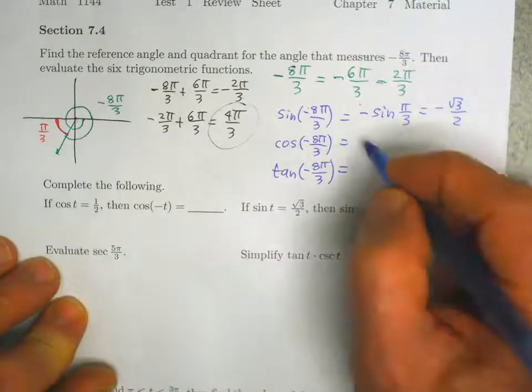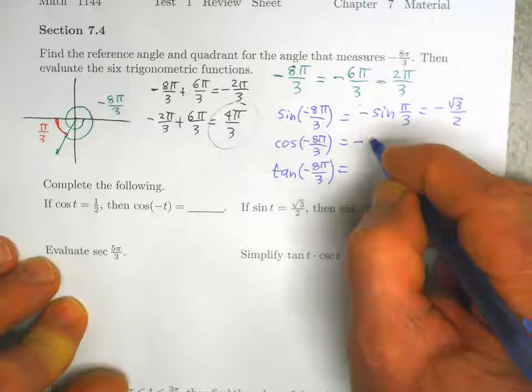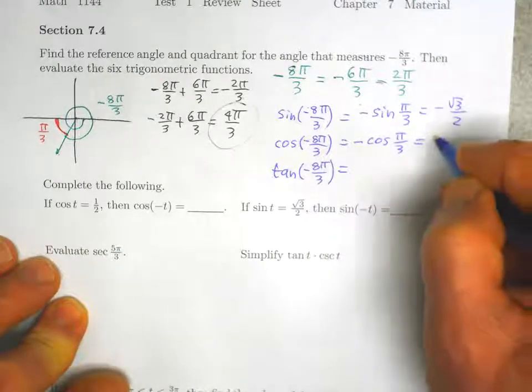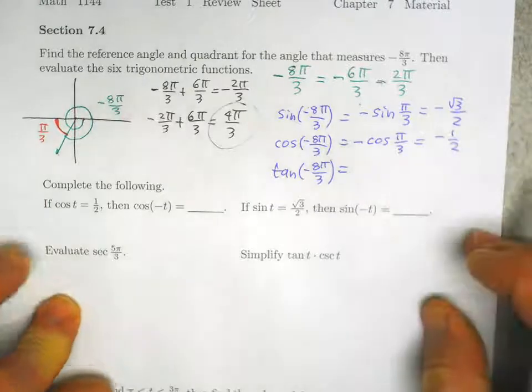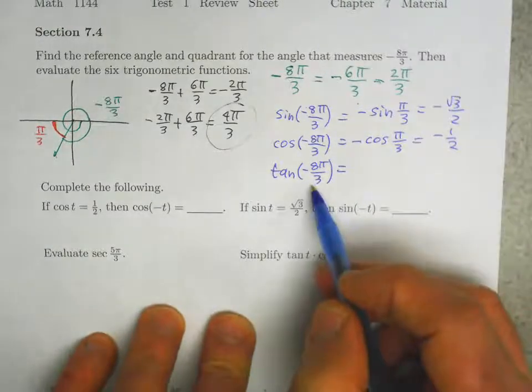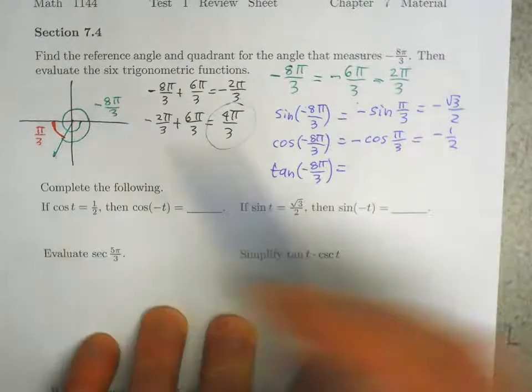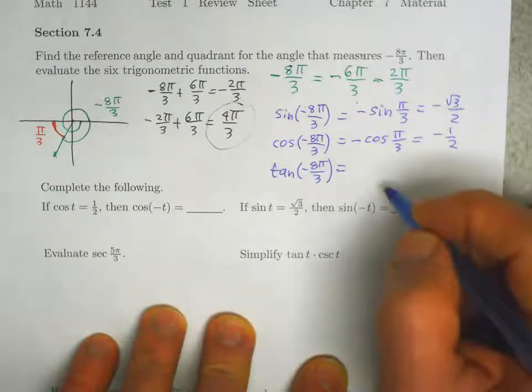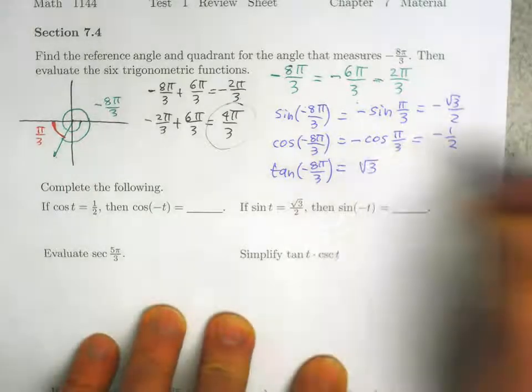So this is the negative of cosine of pi over 3. So this is negative 1/2. We know that tangent is positive in the third quadrant, and it's sine divided by cosine, and we're just going to get the square root of 3.